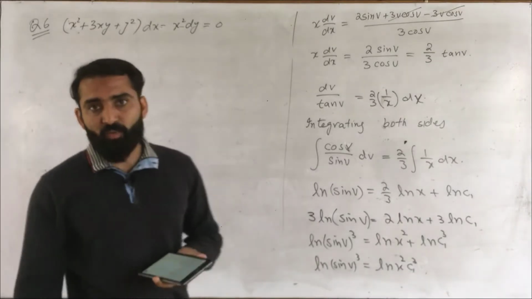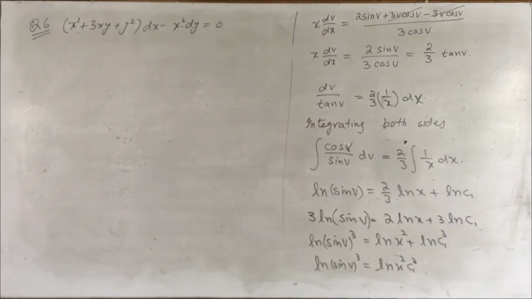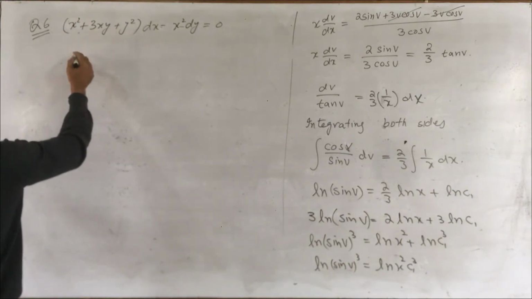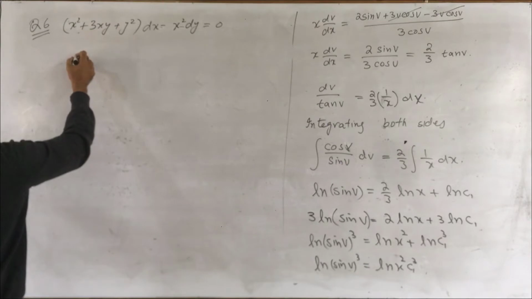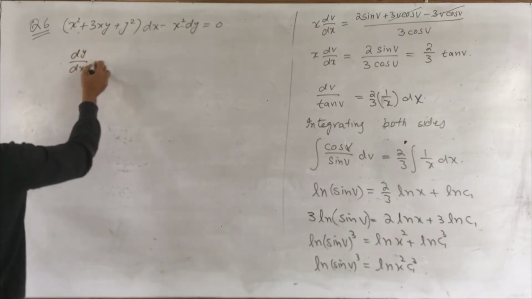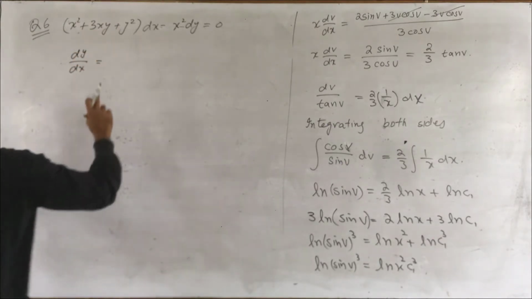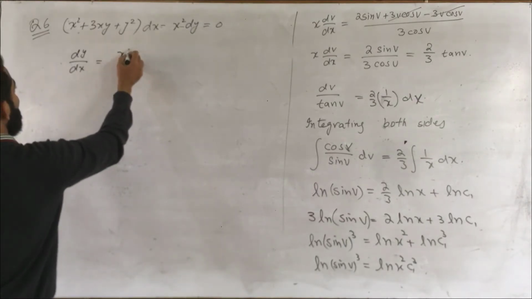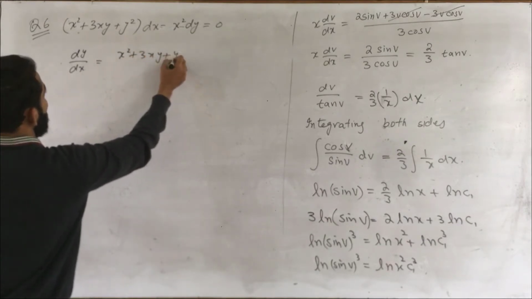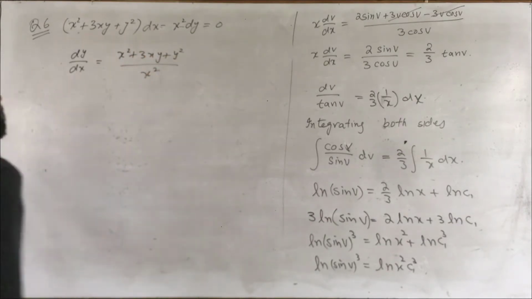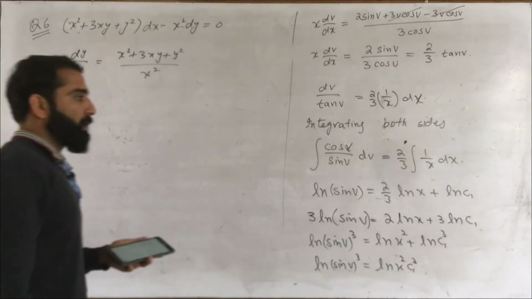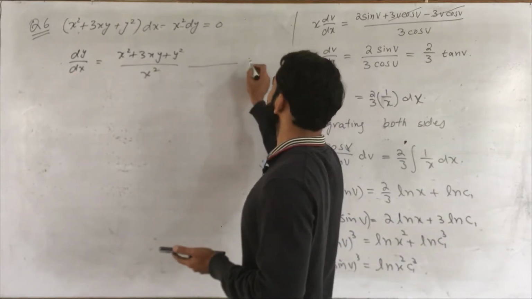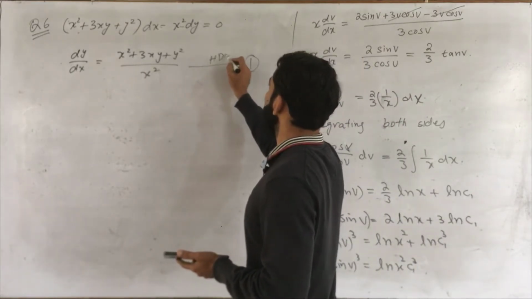As we can see that this equation is not separable, so we convert it to that expression which we can say is homogeneous. dy over dx is equal to x square plus 3xy plus y square divided by x square, which we can see is a homogeneous differential equation.